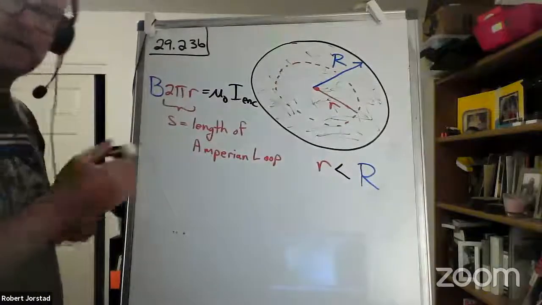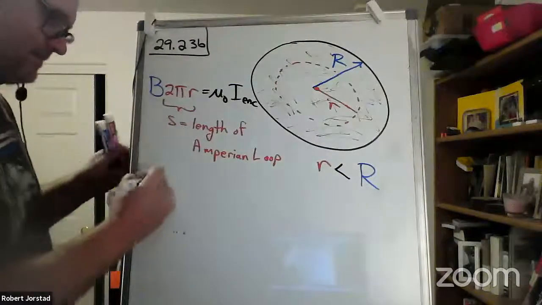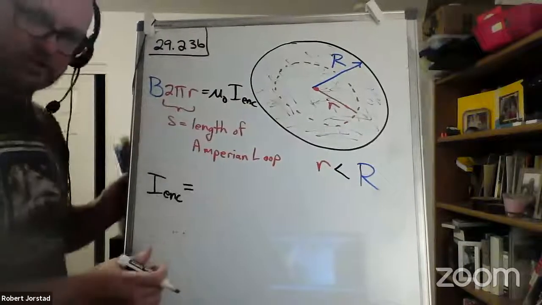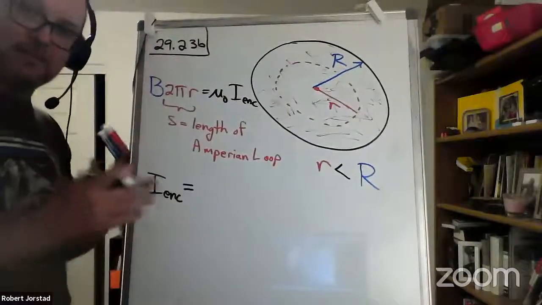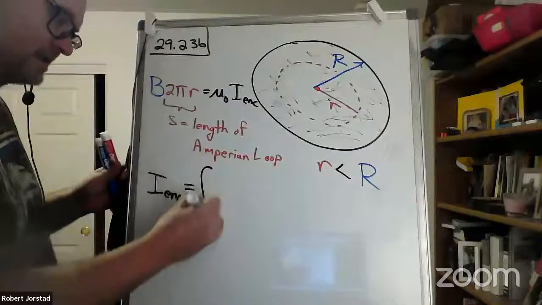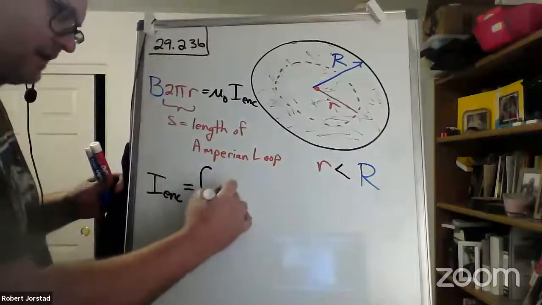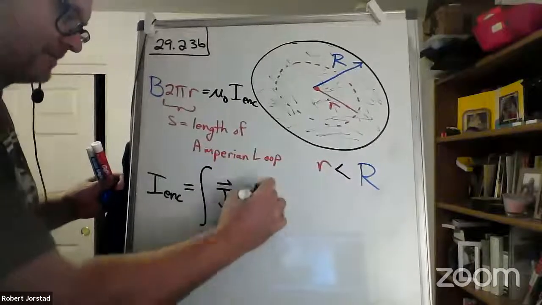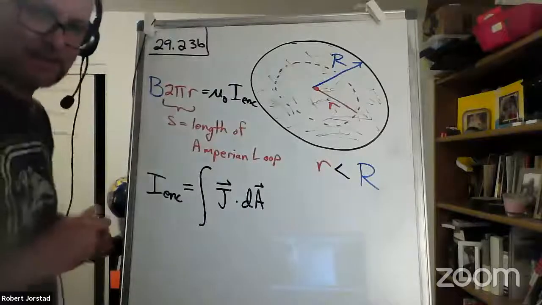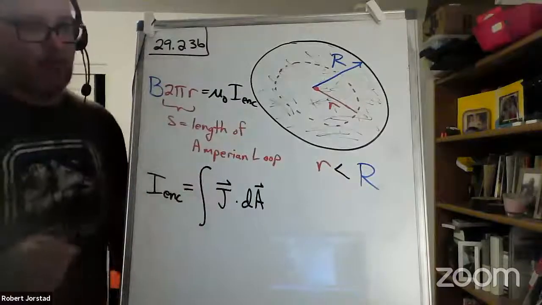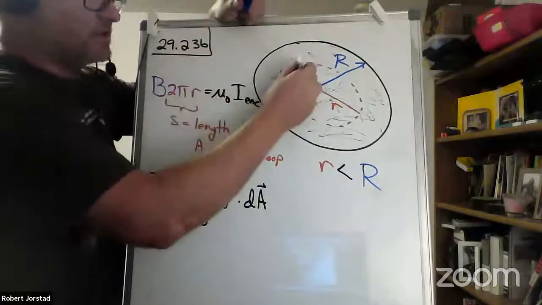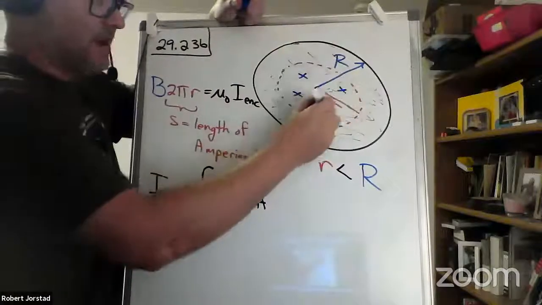Well, how do I get I enclosed? Let's do it the general way, then I'll show you the shortcut. In general, the method that works all the time, whether it's uniform or non-uniform, is always going to be the integral of J dot dA. Now, nobody likes vector calculus if we can avoid it. I want to point out this one, for whatever reason, we chose to assume the current was going into the page, right?